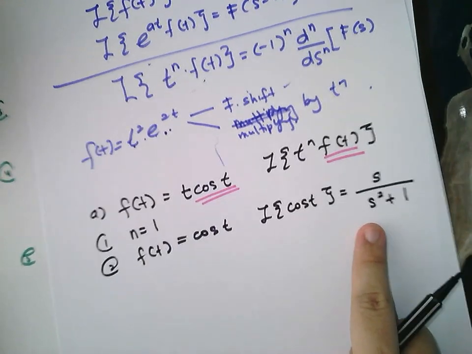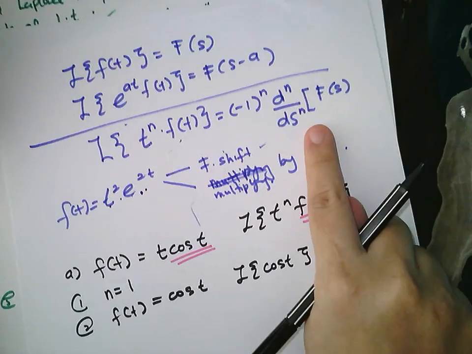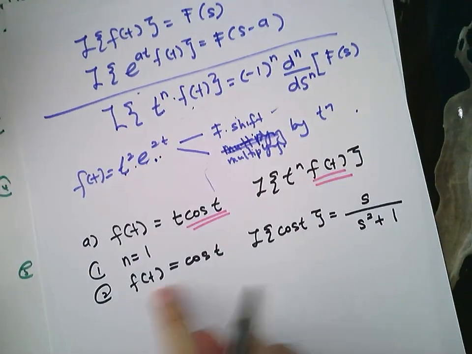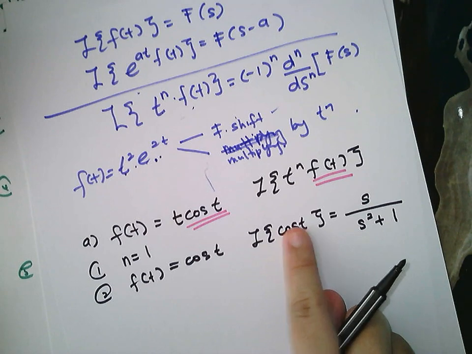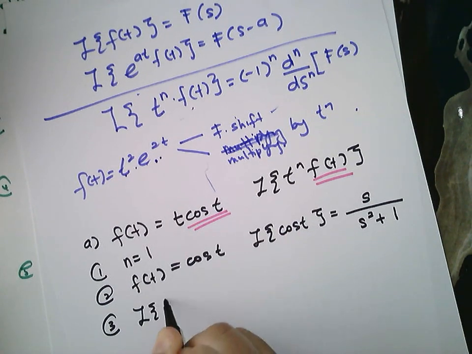So the next step is to substitute what you have here into this formula. What you have here is Laplace of cos t, and what you want to find is Laplace of t cos t.